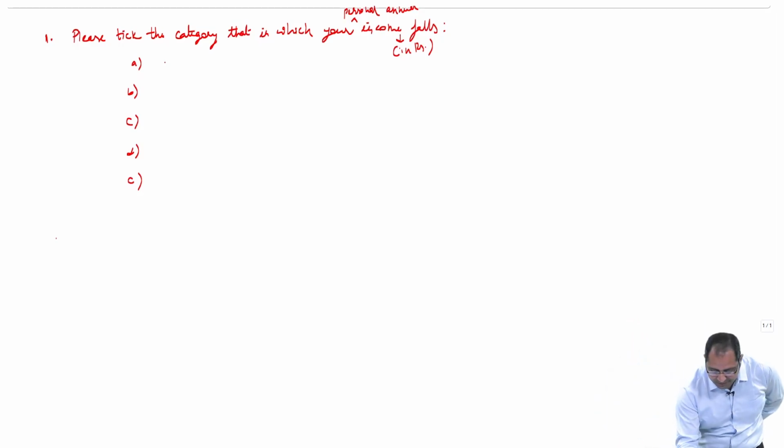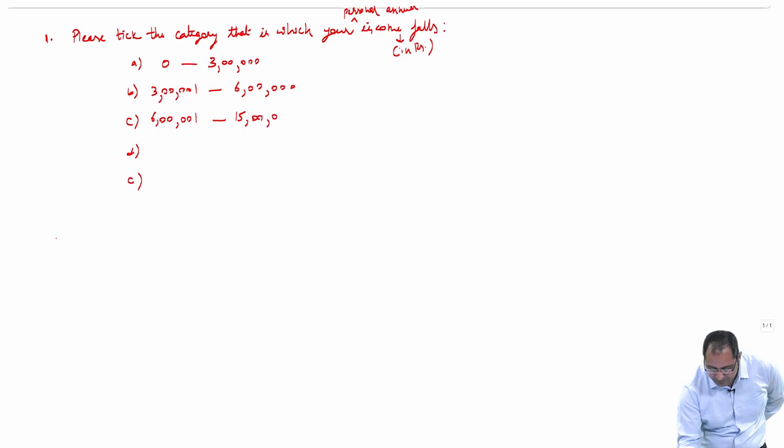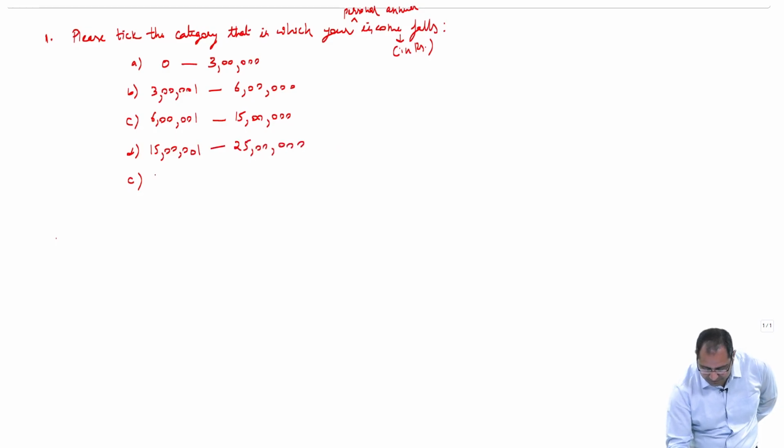So for example, one way is 0 to 3 lakh, 3 lakh 1 to 6 lakh, 6 lakh 1 to 15 lakh, 15 lakh 1 to 25 lakh.